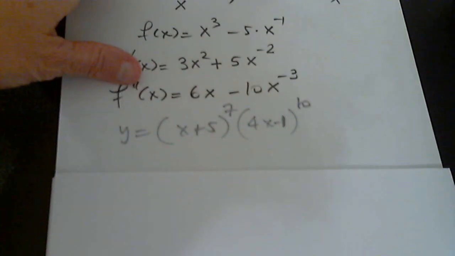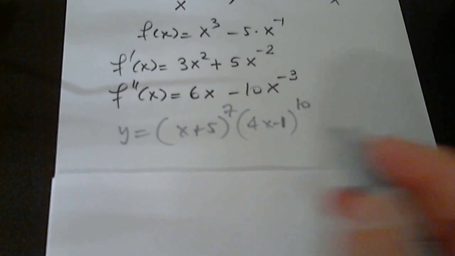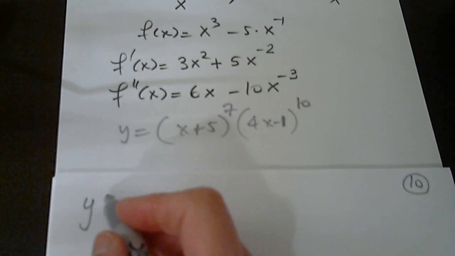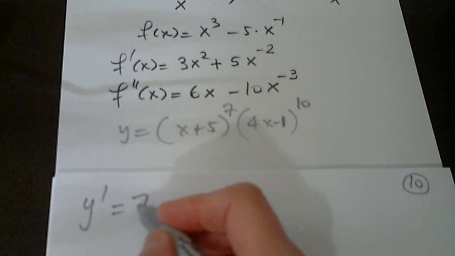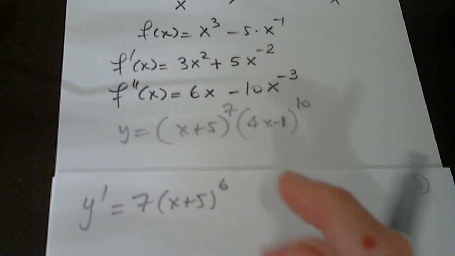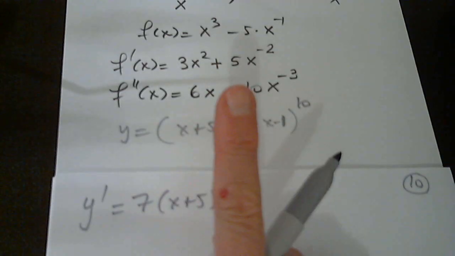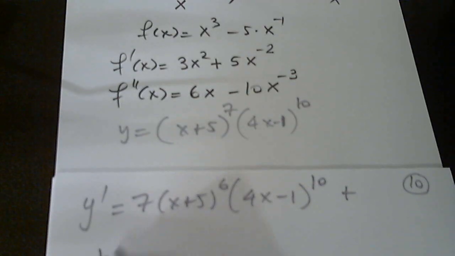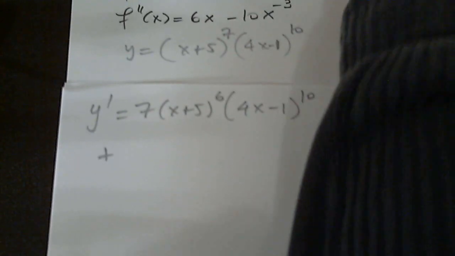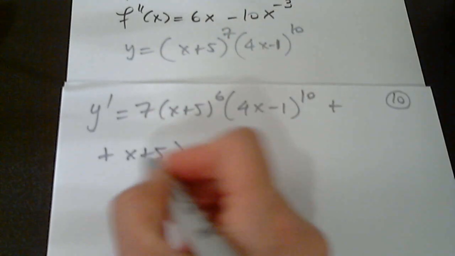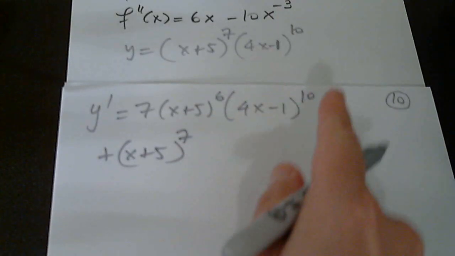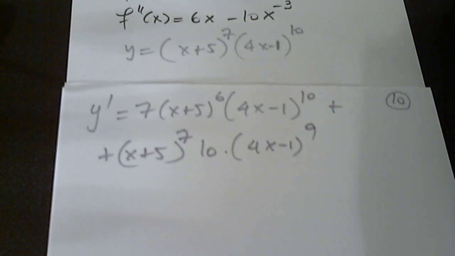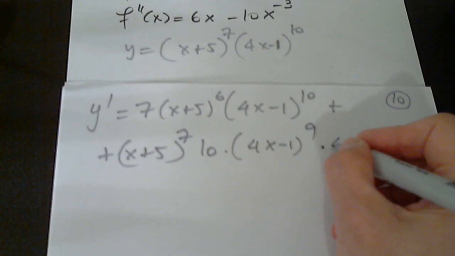So the first derivative, I'm assuming. Perfect. Bring down 7. Subtract 1 from the power times the inner function prime. It's 1. Times 4x minus 1 to the 10th plus the first function times the second one prime, 10 times 4x minus 1 to the 9th times the inner function prime, which is 4.